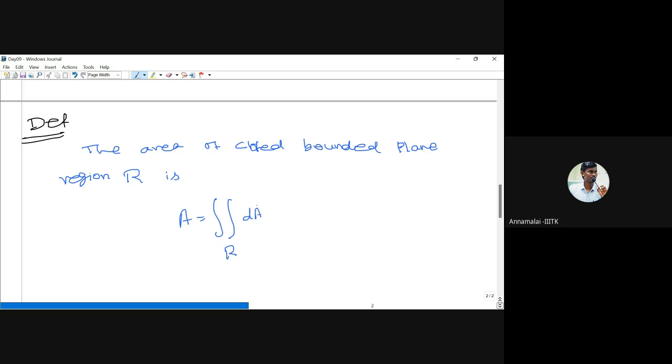So this is how we define the area of a closed and bounded plane region. Now we discuss some examples.